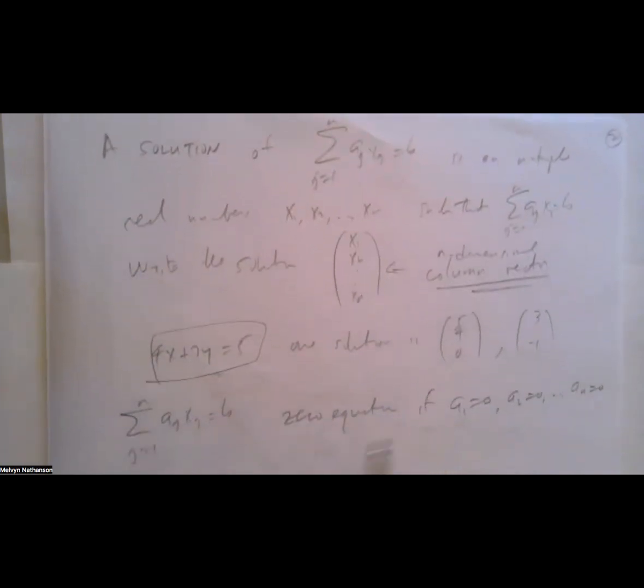And if b is 0, then you have the homogeneous zero equation, and every vector is a solution. If b is not 0, no matter what numbers you choose for the x's, you're always going to get a 0 on the left, and you'll never get b. So the inhomogeneous zero equation has no solution. The homogeneous zero equation has every vector as a solution.